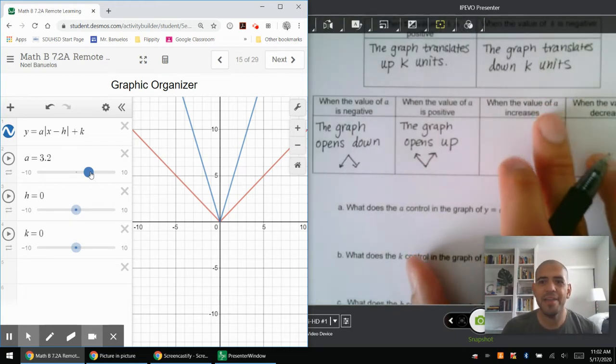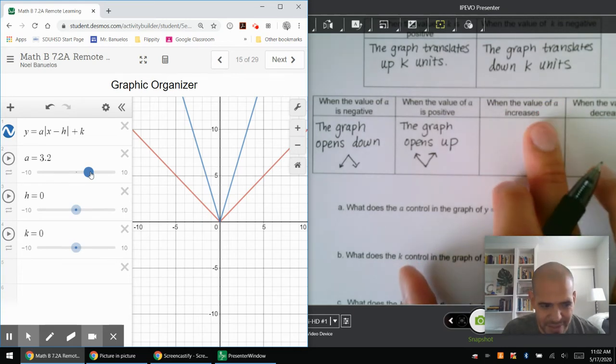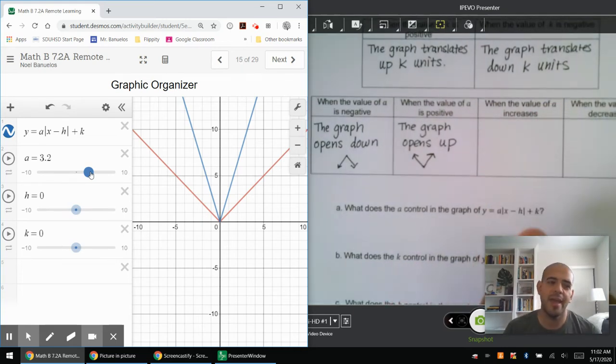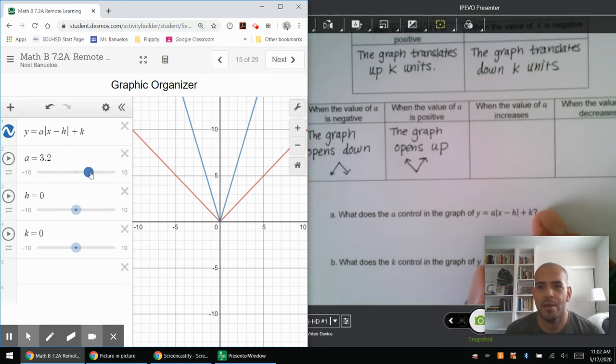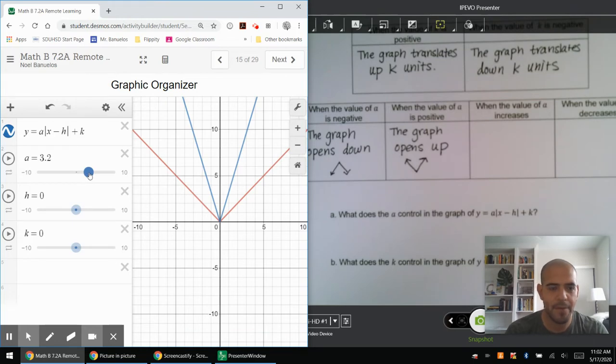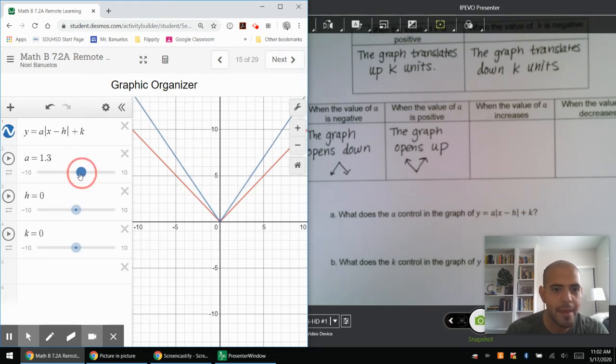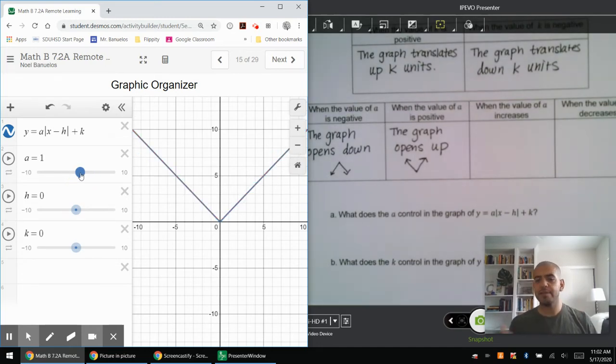So when the value of a increases, this is where we have to be very careful. For example, right now our graph is at 1, so a is 1.